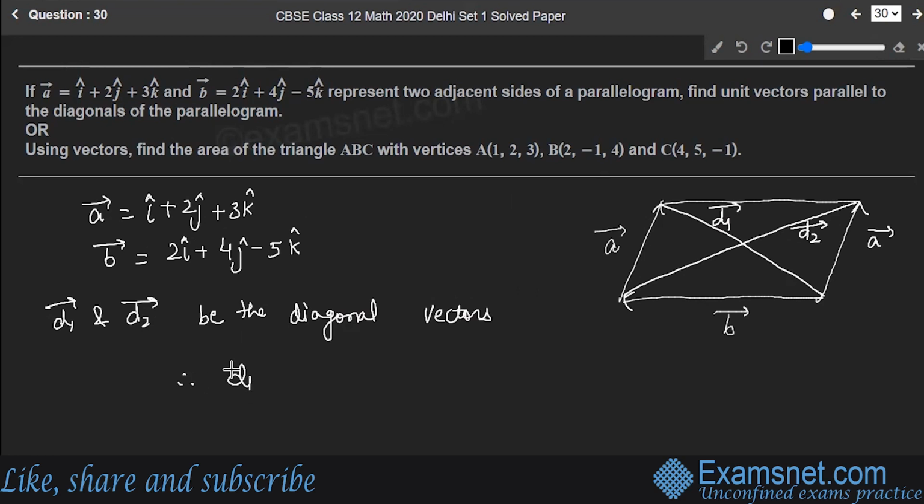Therefore, what is D1 equal to? It is equal to A only plus B vector. And D2, they are in the opposite direction, so this will be A minus B vector.